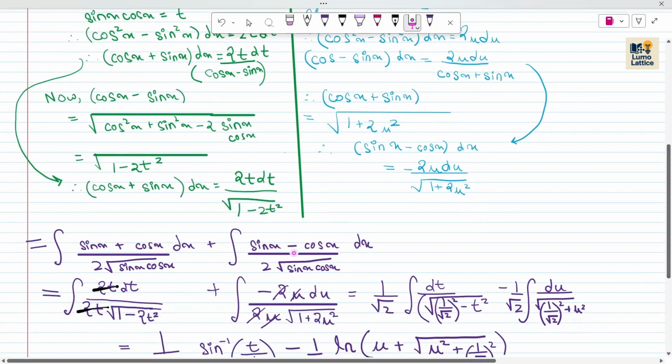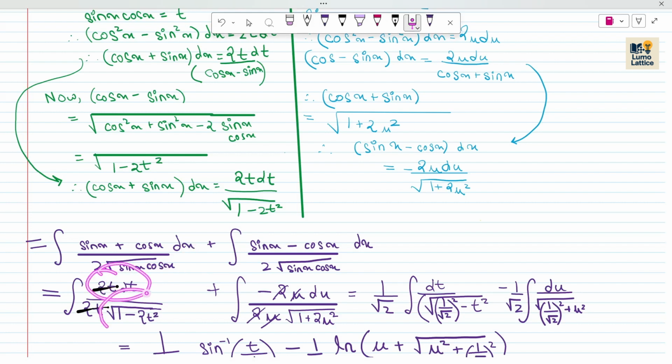Now after substituting we get sin x plus cos x dx by 2 root over sin x cos x as 2t dt by root over 1 minus 2t square. This was from here. We have substituted this part, and the denominator, that is 2 root over sin x cos x, turns out to be 2t. The same is for the other side.